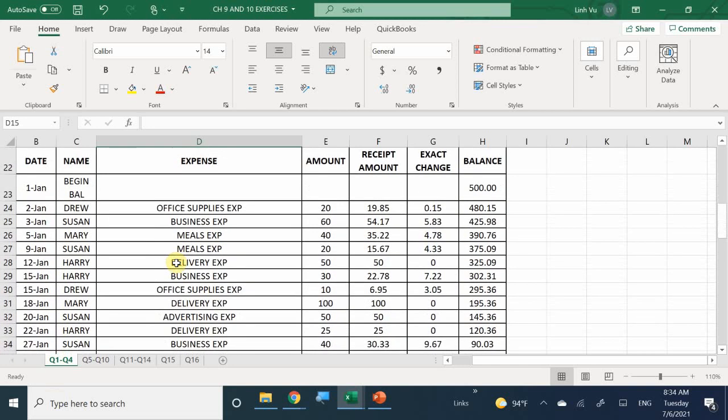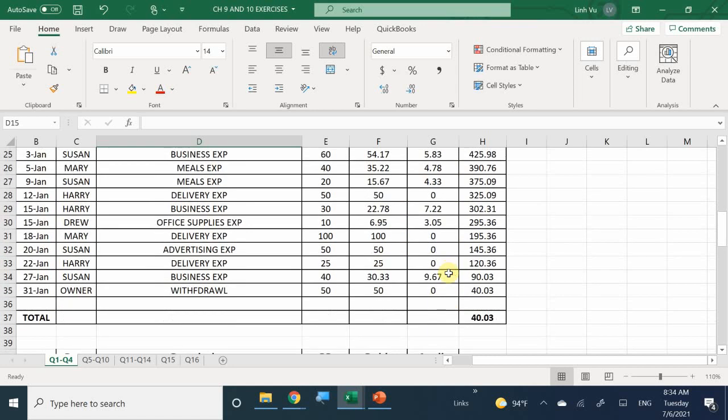Here is a miniature petty cash ledger that gave you a list of the dates, who took the money out, what they took it out for, and what was the exact change they brought back with the receipt. So in this case, how do we actually replenish a petty cash fund?